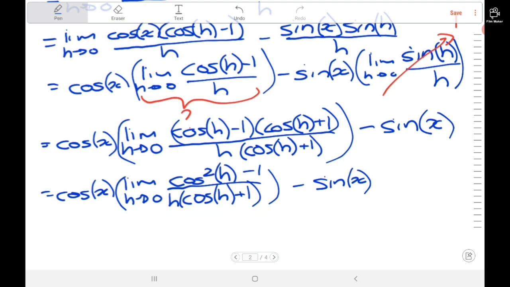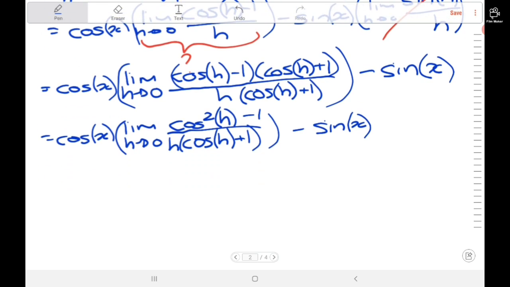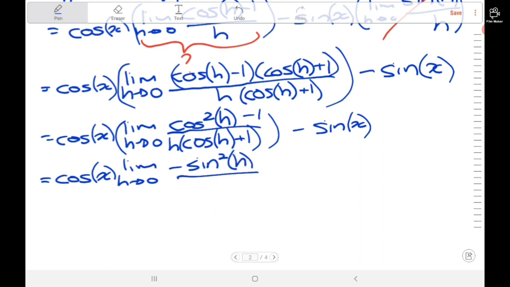And cosine squared minus 1, that is a trig identity that hopefully you're familiar with. It gives us negative sine squared of h.